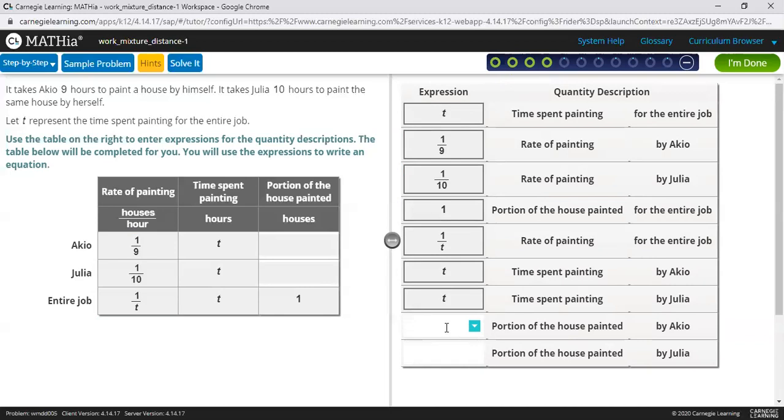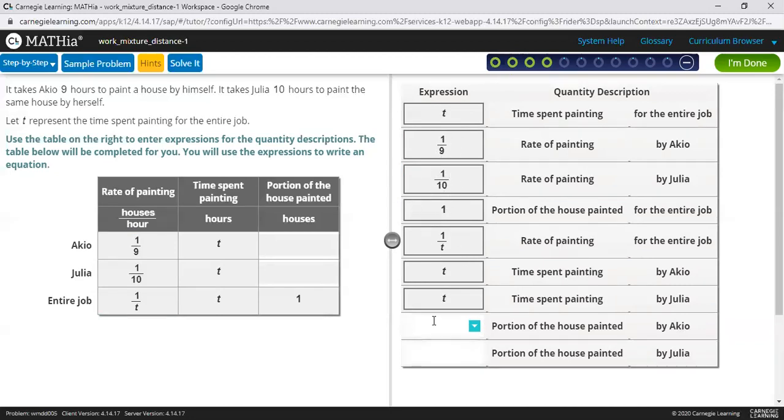So the distance is going to be our rate times time, where D equals RT, and so we can use T to describe the portion of the house painted by Akio and Julia if we think about it in terms of these rates here.